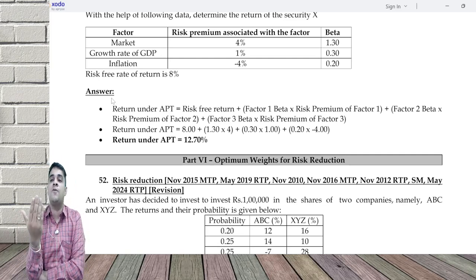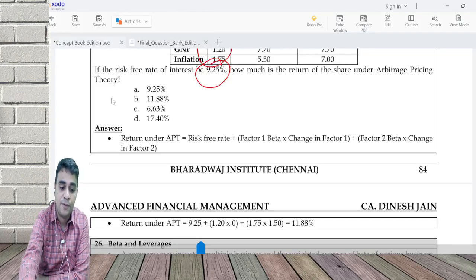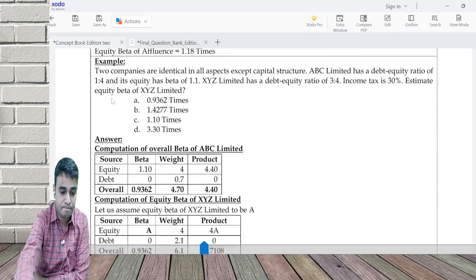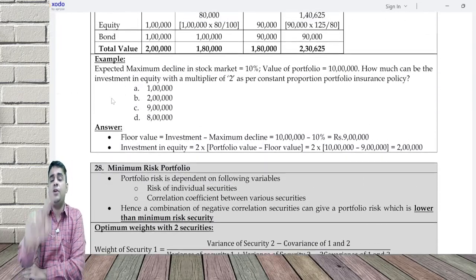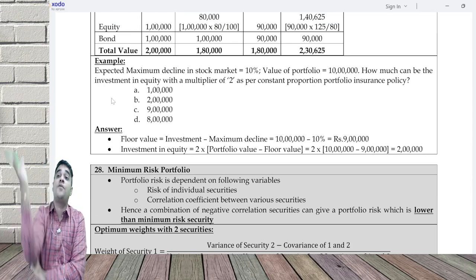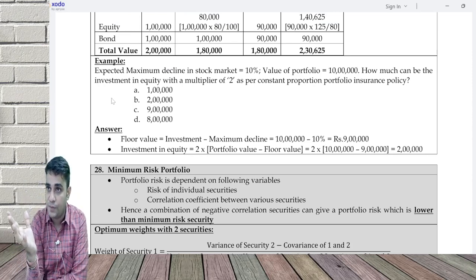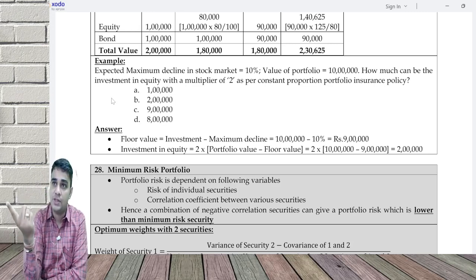I want a combination which gives me the lowest risk, where the logical formula is weight of security 1. Order is changed. Weight of security 1 is equal to what is the risk of the other security? In your numerator, you will use the risk of the other security.